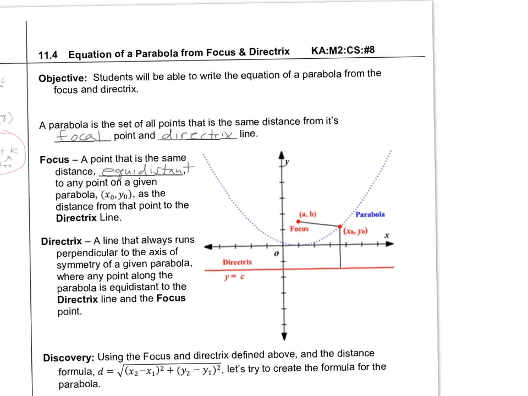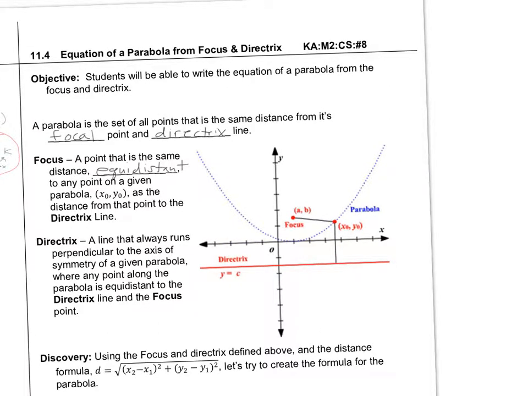So here's the idea behind this. Regardless of where I put this point along the parabola, I should be able to draw it anywhere on here. Boom. Let's just say right there. And that distance there should be the exact same distance straight down to the directrix. These two distances should be exactly the same if it's actually a parabola. So that's what the focus is.